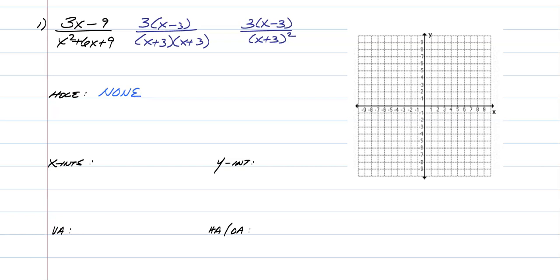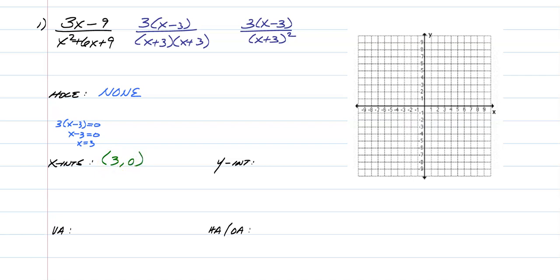X-intercepts. Remember, your x-intercepts is when you set your numerator equal to 0 and solve. So, if we had 3 times x minus 3 equal to 0, divide both sides by 3, we have x minus 3 equals 0, and that's going to become x equals 3, so our x-intercept is (3, 0).